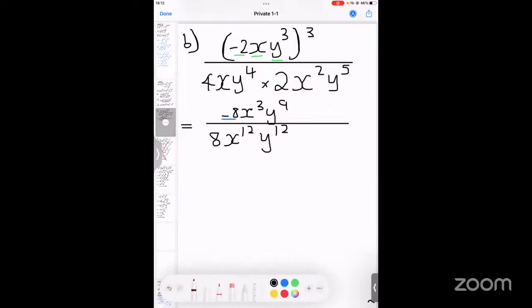But now you know how I want you to write it, right? Yes. Okay, so now let's look at that one at the bottom.